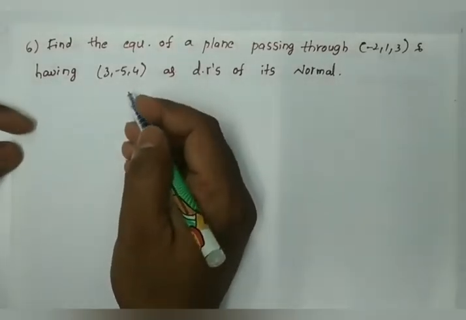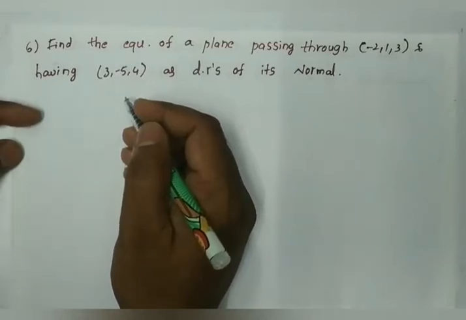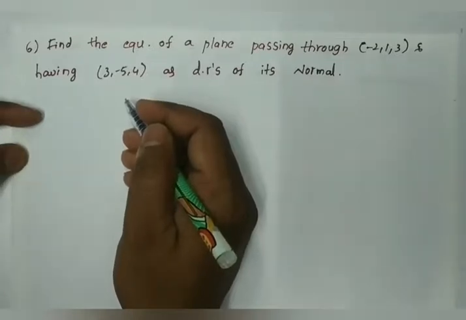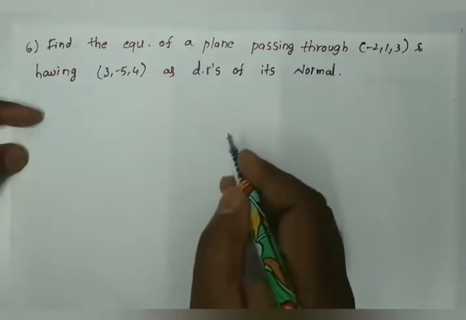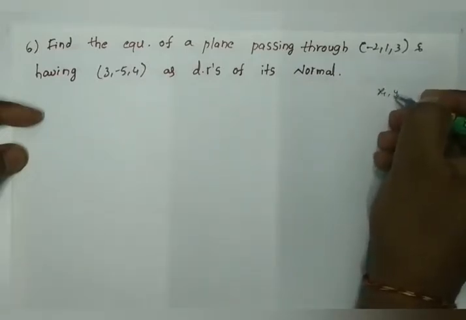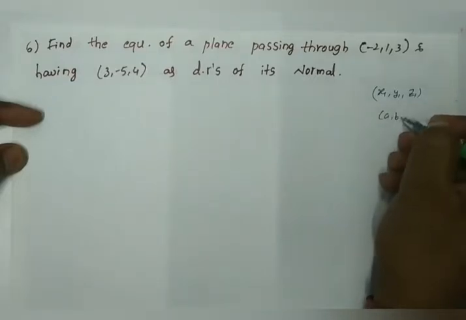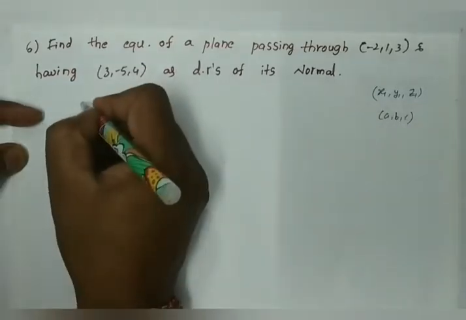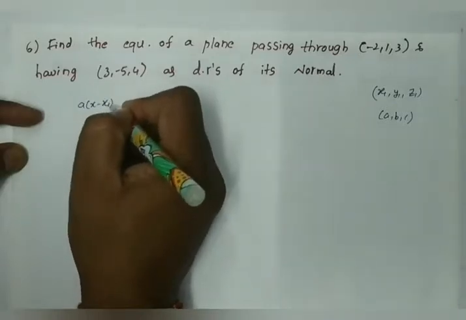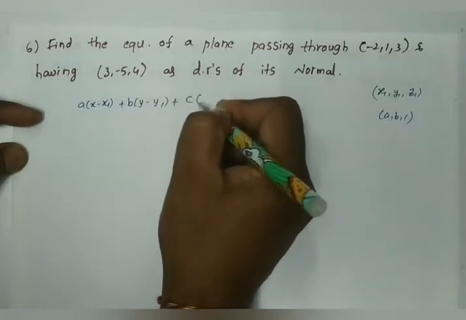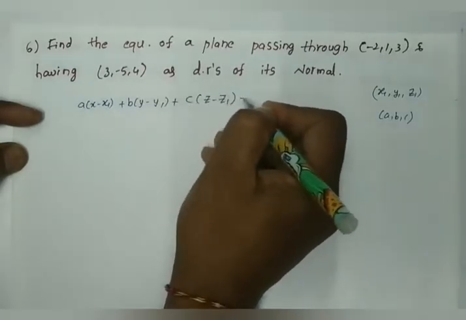Here we already know the formula for finding the equation of a plane passing through the point x1, y1, z1 and having direction ratios a, b, c. The equation of a plane passing through the point x1, y1, z1 and having direction ratios a, b, c is given by a into x minus x1 plus b into y minus y1 plus c into z minus z1 is equal to 0.